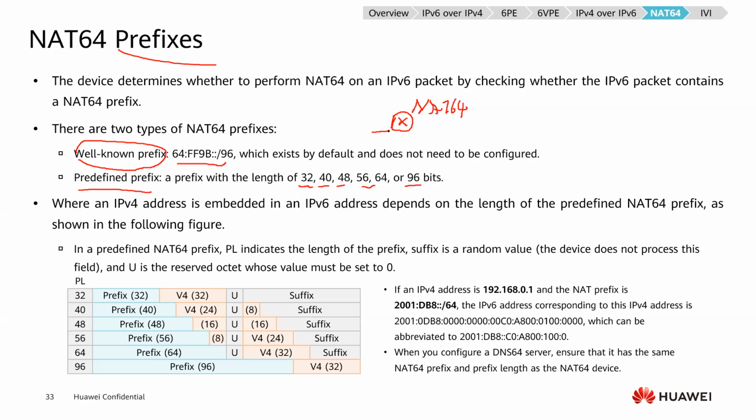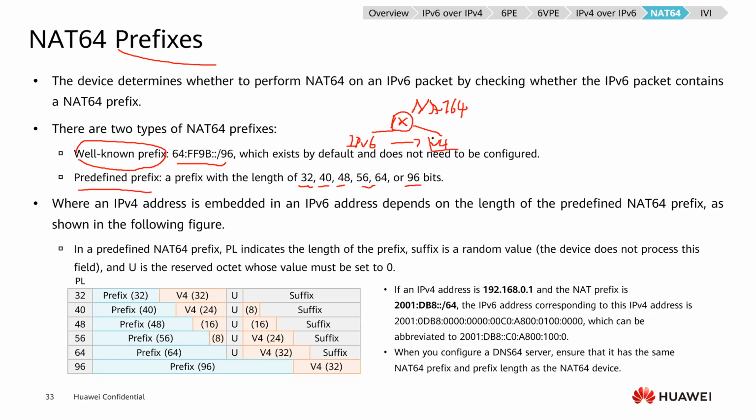And because it has the special prefix, the NAT64 gateway is just a translator. It just recognizes the prefix. That means when I receive an IPv6 packet and I find the destination IPv6 address has the special NAT64 prefix, I will change it to the v4 address.